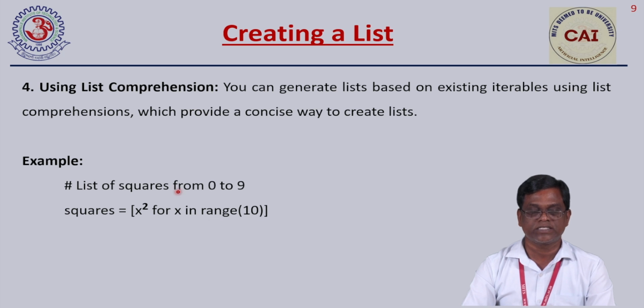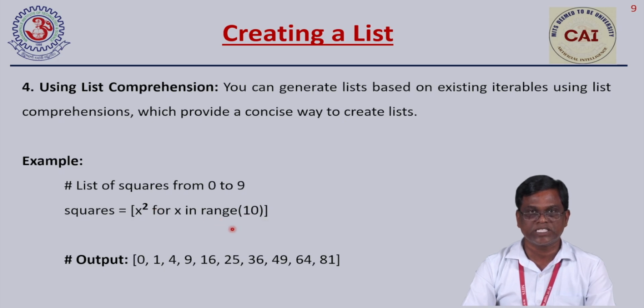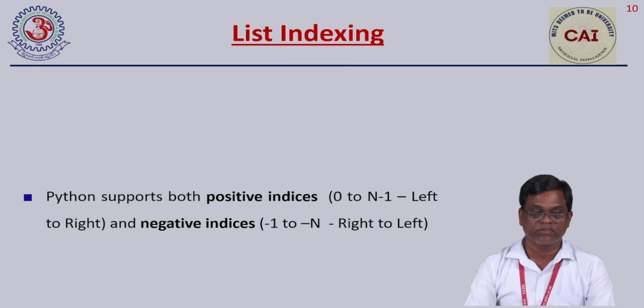So here x will take values from 0 to 9, and that x value will be converted into x square by the comprehension. So for every value generated from the range function, it is going to apply the square. So the final list is 0, 1, 4, 9, 16, 25, up to 81. So this is another method of creating a list.